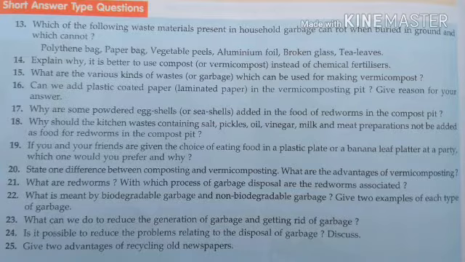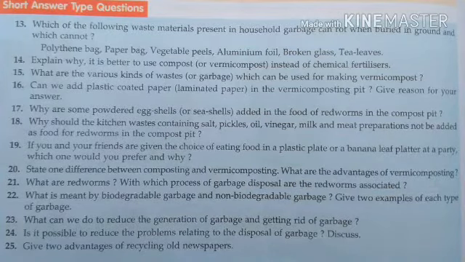Next, state one difference between composting and vermicomposting. What are the advantages of vermicomposting? The difference is that in composting we are not adding any worms like red worms, whereas vermicompost is made with red worms.